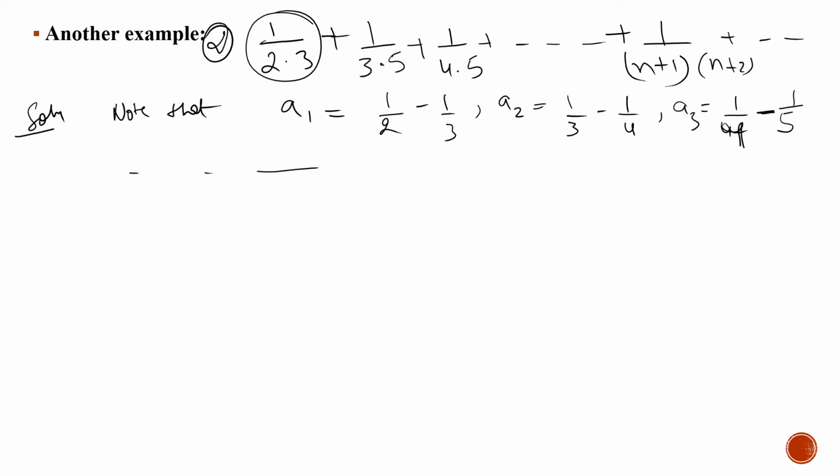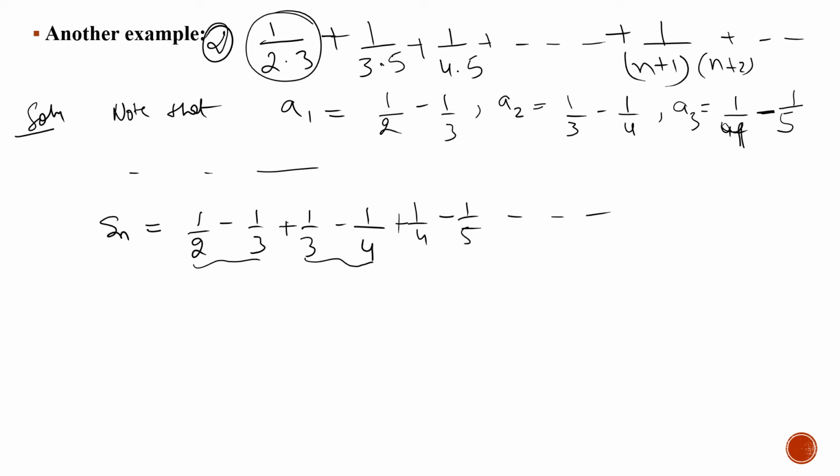and so on. Now if I find the nth partial sum, that is my Sn, this will be equal to a1, a2 till an. So this is my a1, this is a2 and a3 till an. So my nth term will be this. Again you can observe that it follows some kind of pattern and the terms are cancelling out.